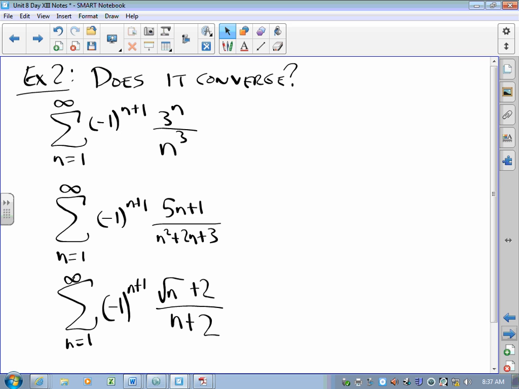Does that converge? So hit the pause button, take a look, see if each of these satisfy the alternating series test. Go ahead. Oh, you're just going to do it in your head. You're not going to hit the pause button. You're going to wait for me to do it. Okay, so you did. That's good. Let's play.